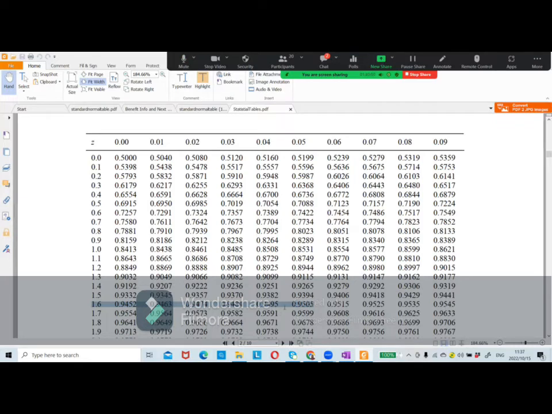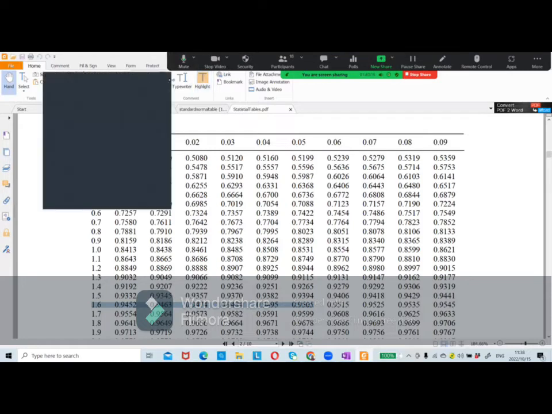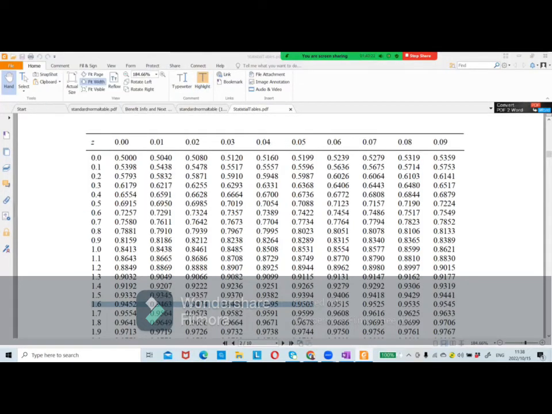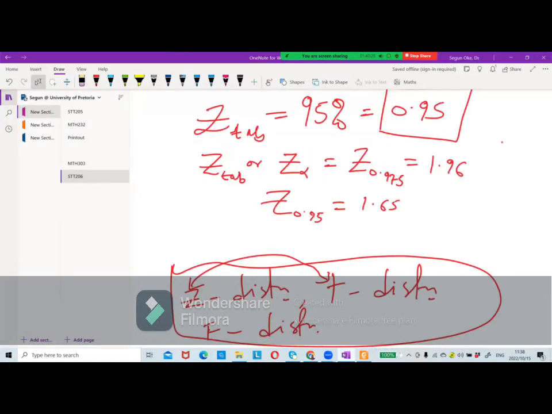Both of you are right, and it's still within the same region. So you can see under what? Under 0.05. So meaning that I will have it to be 1.65. Do you agree with this? Yes, sir. Okay.